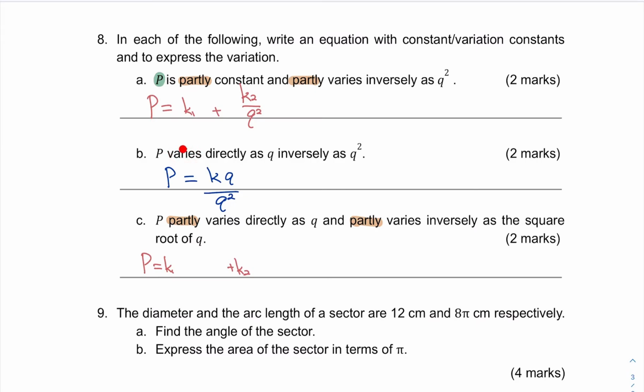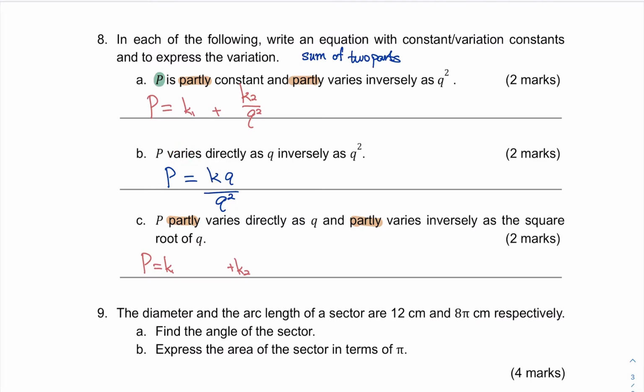We just have one vary, so you just have one K. Don't put K1 and K2 for this question. Those questions, it's either partly, or you will see the wordings like sum of 2 parts. If you don't see these kinds of wording, sum of 2 parts or partly, then you don't put K1, K2. You just have one vary, so you just have one K here.